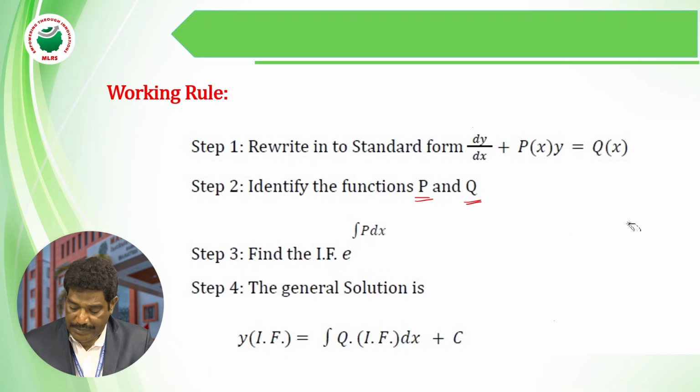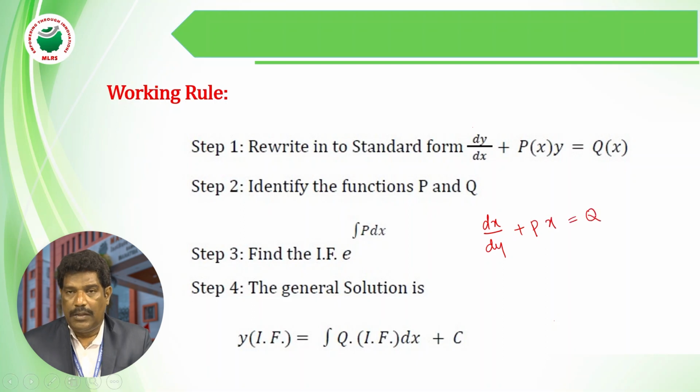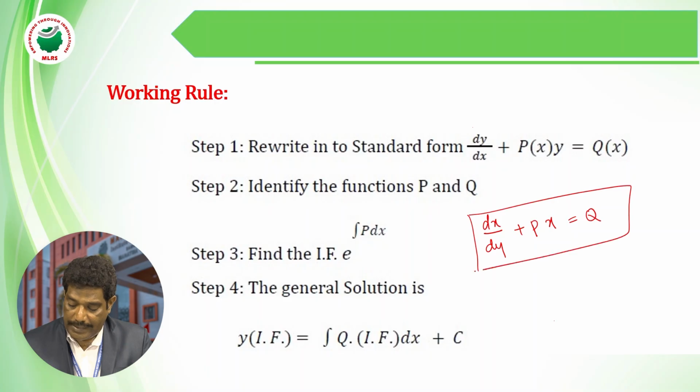If you write the differential equation in a different way, suppose like this, dx by dy plus p into x equals q, this is also a linear differential equation, but in which variable? In the variable x.